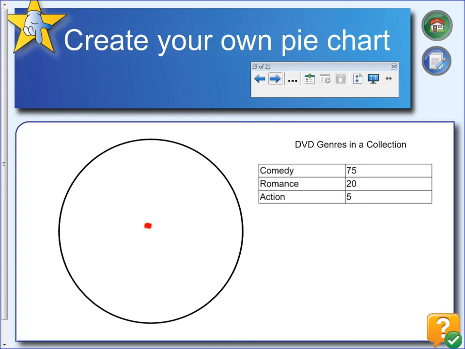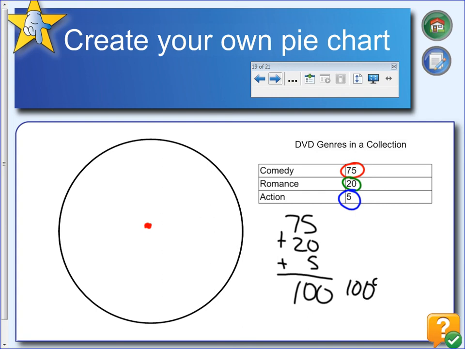We want to make a whole piece of pie, or a piece of pizza, that represents 75. We also have to make one that makes up 20, and one that makes up 5. But the cool thing about this is these numbers work out really well. 75 plus 20 plus 5 is 100, or 100%.